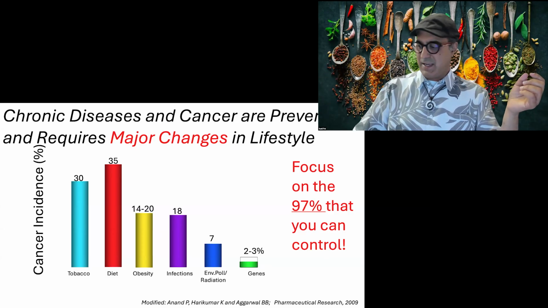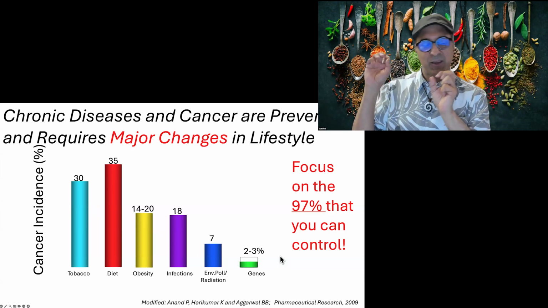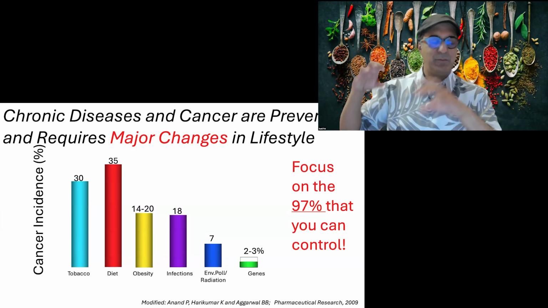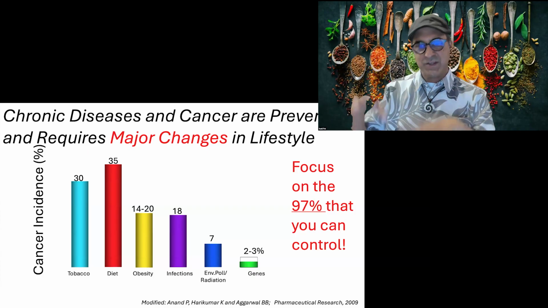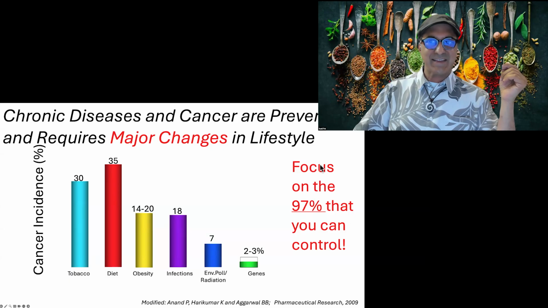For example, genes are only 2 to 3% of disease, even though you hear about it a lot in the science and the data. Everybody's always talking about genetic therapy, gene therapy, and always blaming their genes. But really, we want to focus on the 97%, what we can control. Of the things that we can control, there's cleaning up our environment and getting our immune system stronger. I actually did a lecture and wrote about this in my book. We'll cover a lot of that in detail, how and what you can take to strengthen the immune system, right?